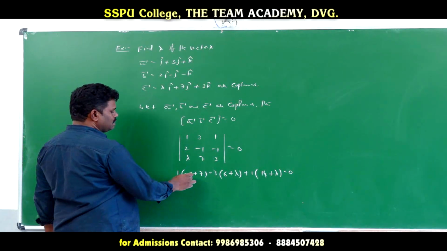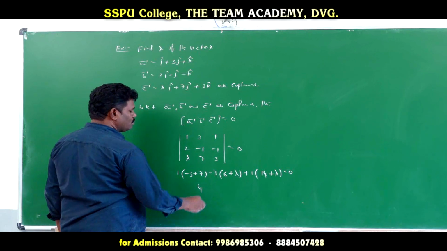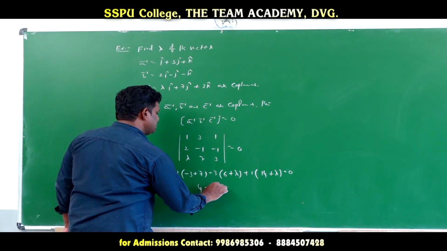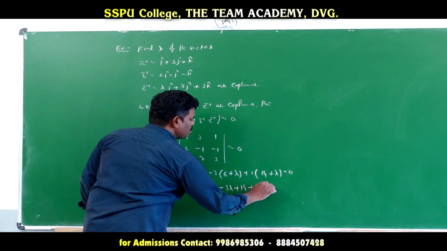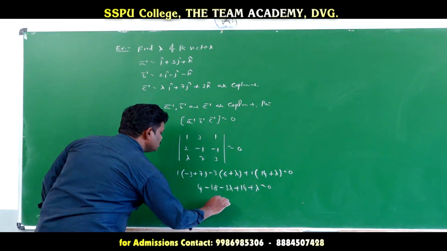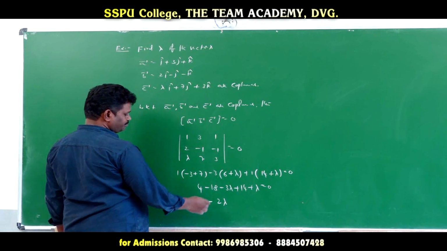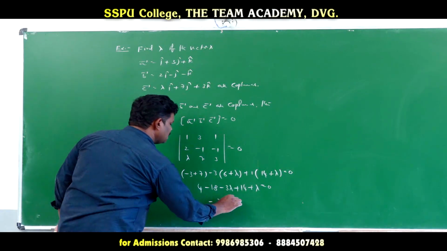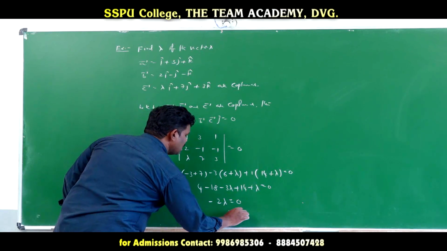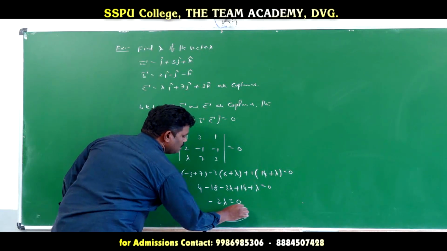Now this value is 4, and here minus 18 minus 3 lambda plus 14 plus lambda is equal to 0. Lambda minus 3 lambda is minus 2 lambda, plus 14 minus 18 is equal to 0, and then lambda is equal to 0.